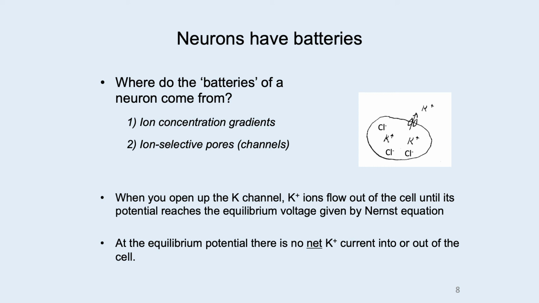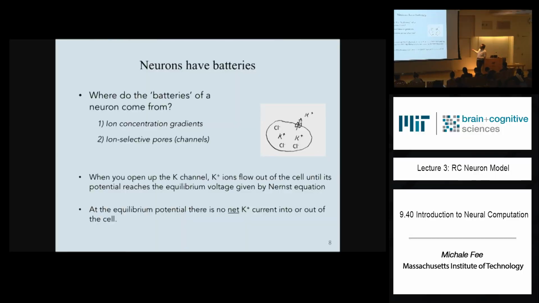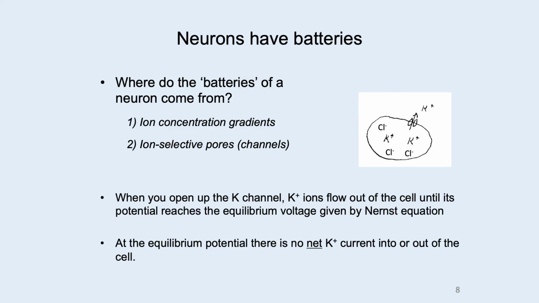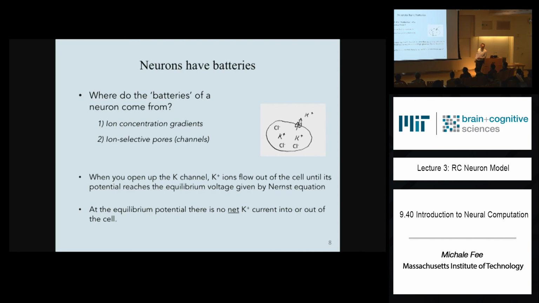Basically, if you have a high concentration of potassium inside the cell, when you open up a potassium selective ion channel, the potassium ions diffuse out of the cell, leaving an excess of negative charges inside the cell, that causes the voltage inside the cell to go down until there's a sufficient voltage gradient that the drift of potassium ions back into the cell driven by the voltage gradient is equal to the diffusion rate of ions out of the cell produced by the concentration gradient.